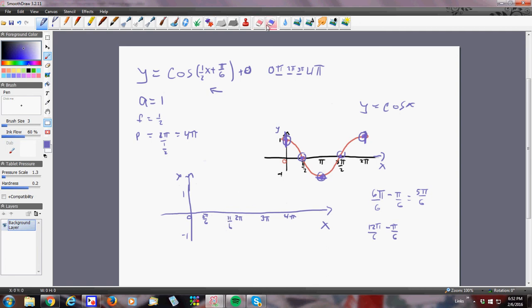I'm going to erase this. You might hear my son being super excited. If I do 3 pi minus pi over 6, that's going to be 18 pi over 6, so I'm going to get 17 pi over 6.